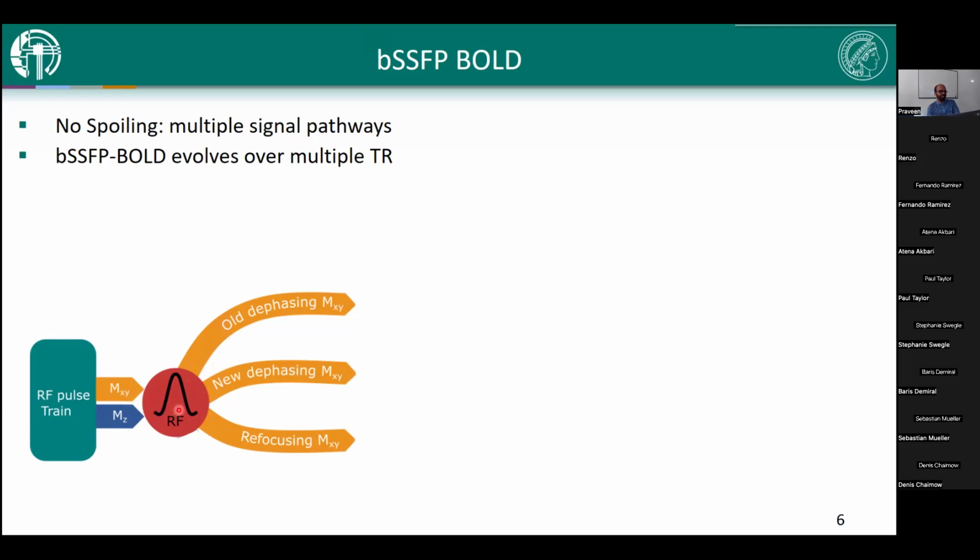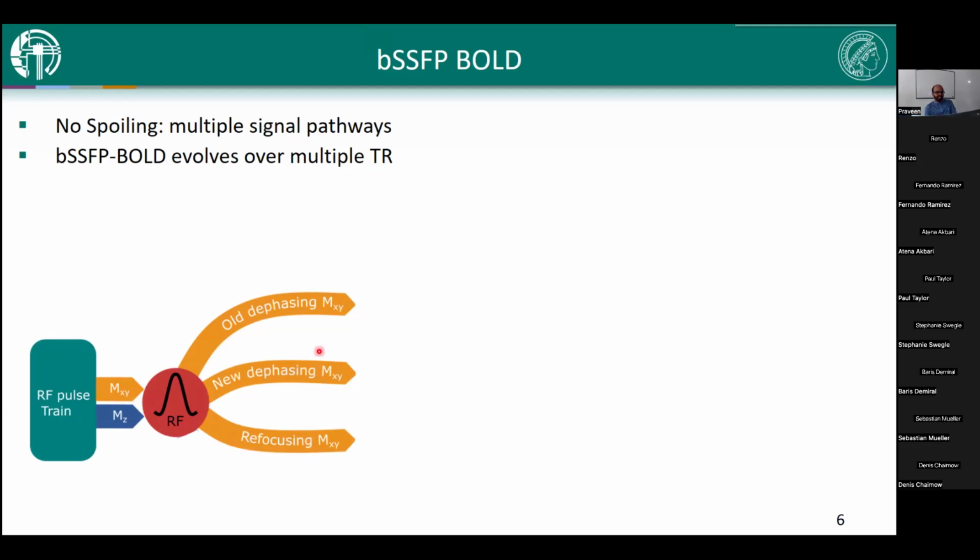One is generated from the longitudinal magnetization, which is the excitation pathway. This is like a dephasing pathway from the old excitation, which is undisturbed by the RF pulse. And you also have some refocusing effect. When you have a 180-degree pulse, all the transverse magnetization is refocused. When you have a smaller refocusing pulse, only a fraction of it is refocused.